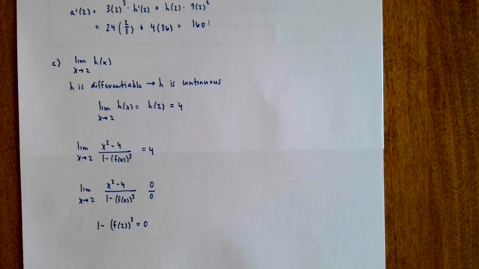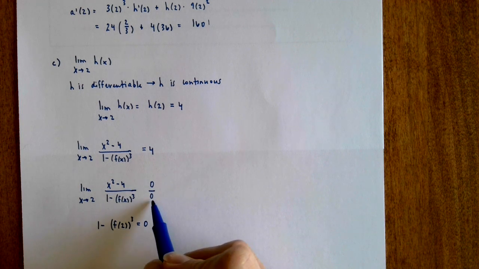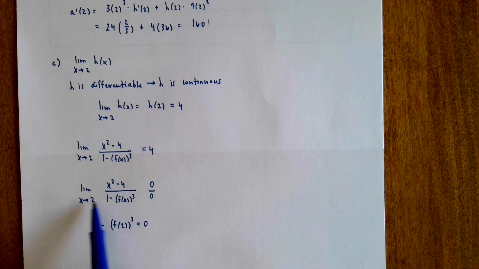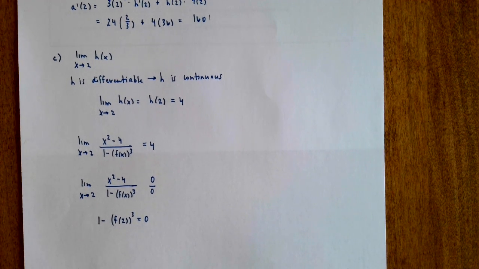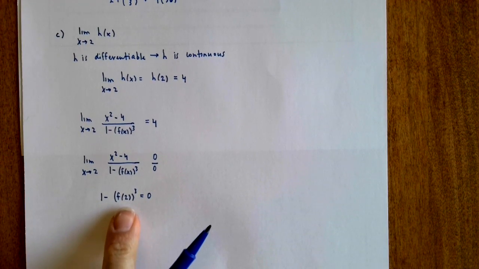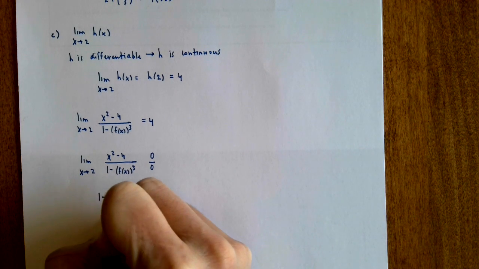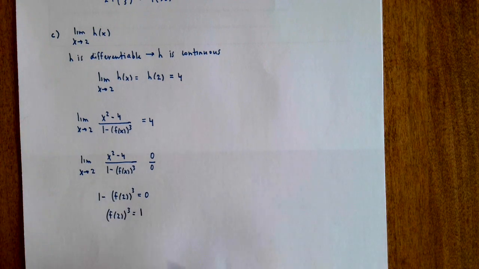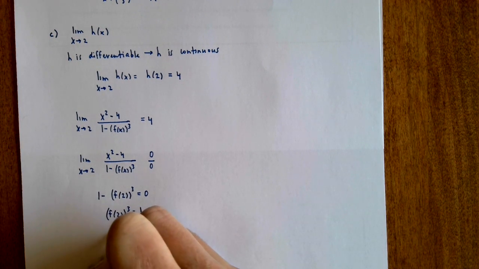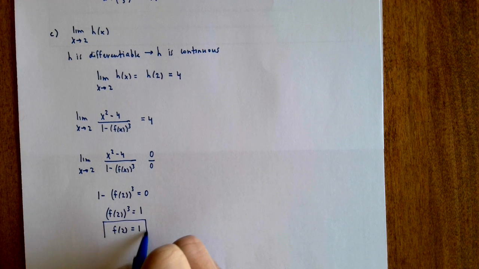And again, that has to be true because in order to use L'Hopital's rule, I need to have an indeterminate form. So when I plugged in 2 here, I should get 0 to get that indeterminate form. And this is what's going to allow us to solve for f of 2. So now I'm just going to move this over. I can say f of 2 cubed is equal to 1. If I take the cube root of both sides, now I know that f of 2 is equal to 1. So we've got one of our values.